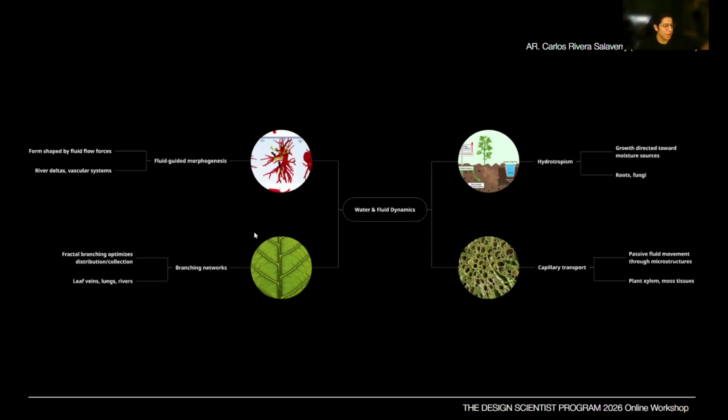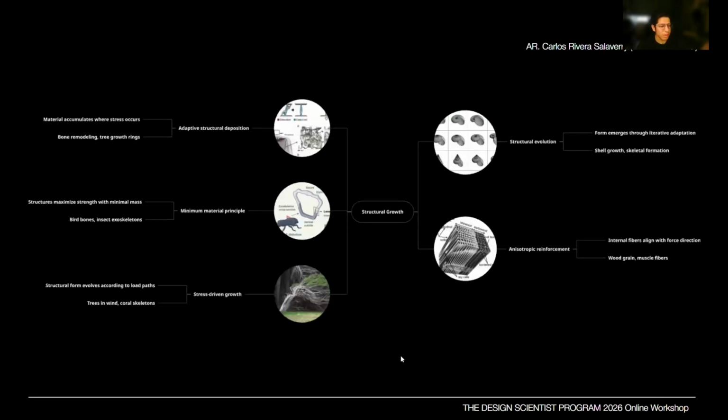Then we have branching networks, which are fractal branching that optimizes distribution and collection, like leaf veins, lungs, and rivers. Hydrotropism, which is growth directed towards moisture sources, like the typical route that roots take when they grow. And capillary transport, which is the passive fluid movement through microstructures. We have it in leaf xylems and most tissues.